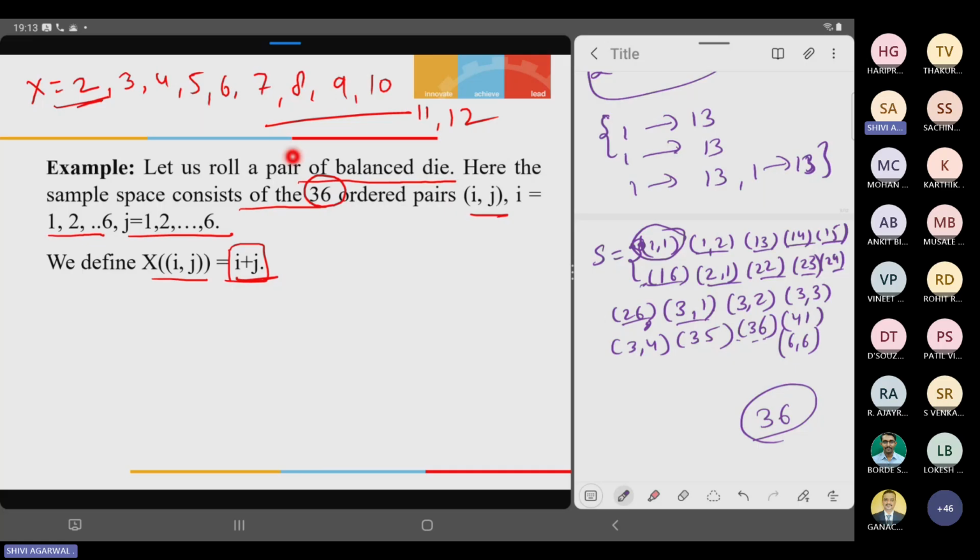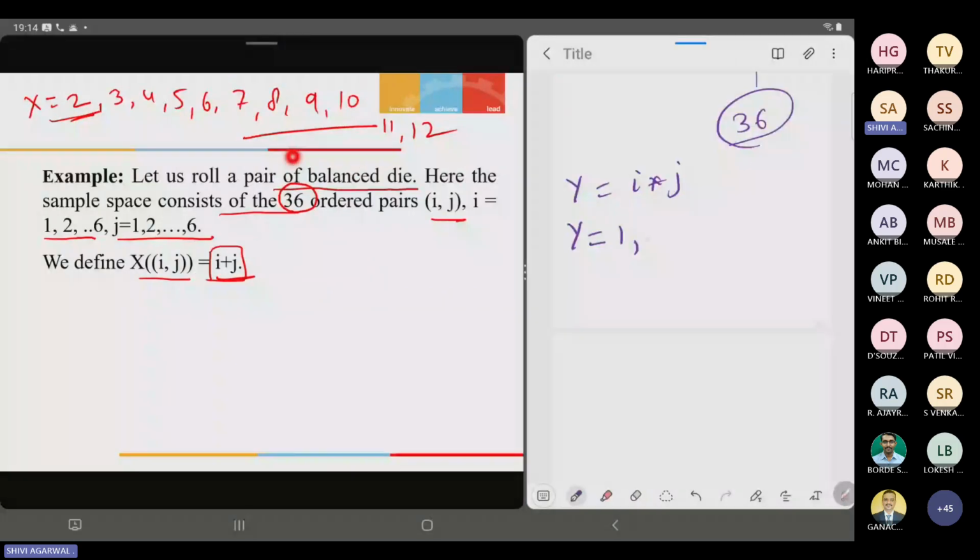If we are not taking the summation here, we are taking the multiplication. Let us suppose y, I am just giving you one more example. Y is i multiplied by j. So y starts from what? It will start from 1, 1 multiplied by 1, then 2, up to what?